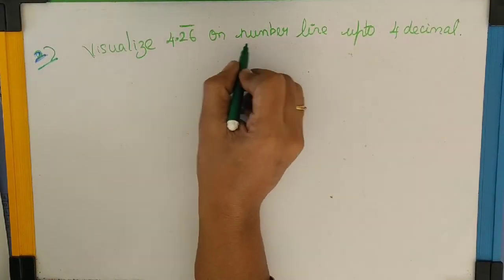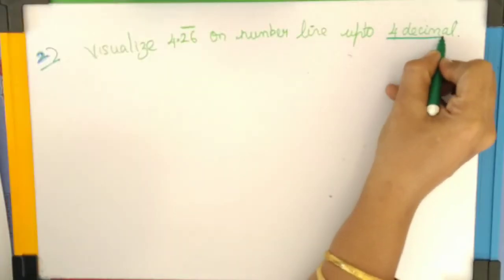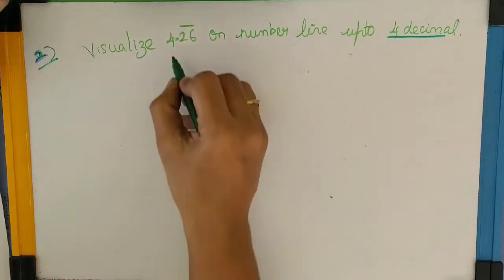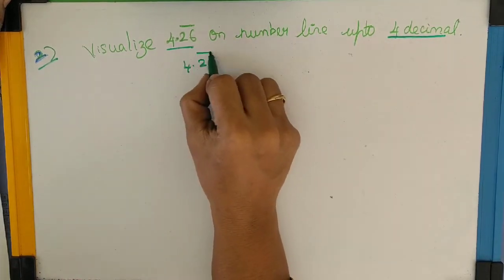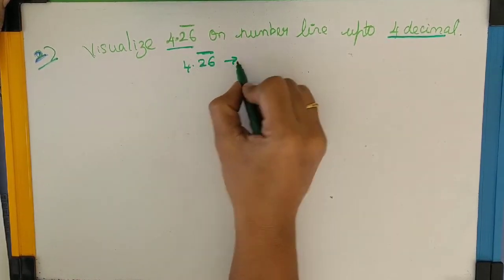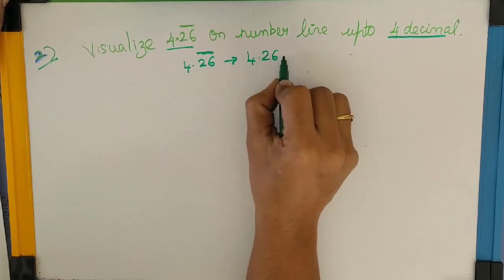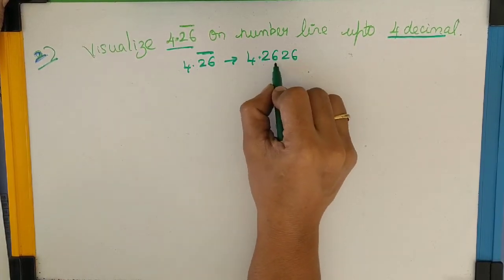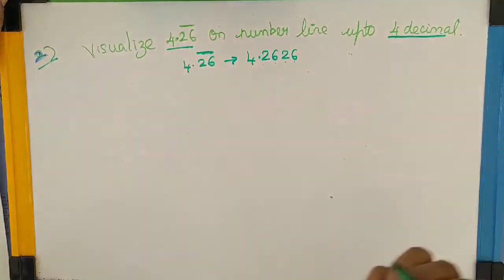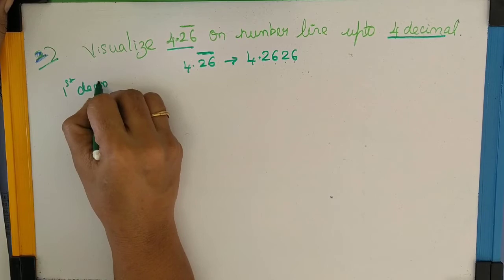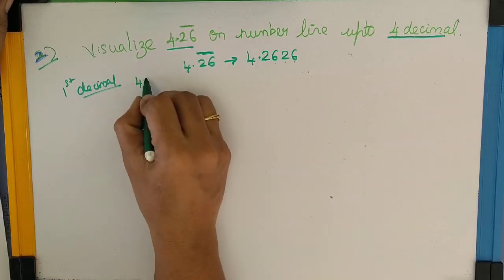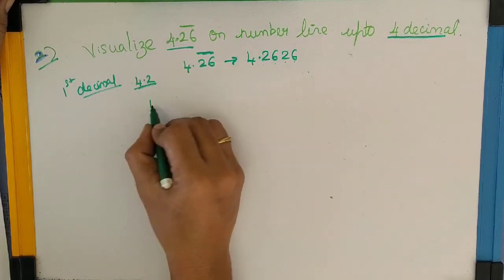We have to visualize 4.26 with a bar on the number line up to 4 decimals. Here there is a bar over 26, which means the 26 is repeating infinite times. So 4.2626. I am stopping with this because we are asked to visualize only up to 4 decimals. We have to take the first decimal, 4.2.